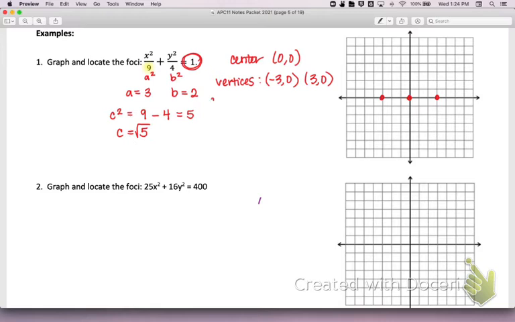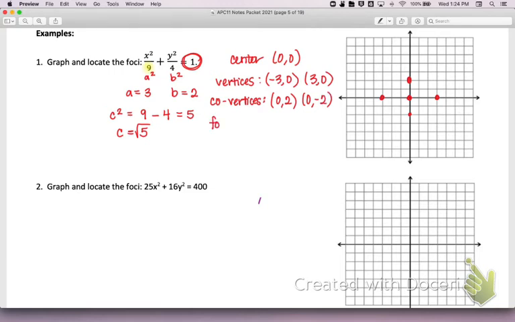Those are our vertices. The co-vertices are what come from the minor axis. So that's the B value, which is along the y direction. So we go up 2 and down 2. It's just like a circle, except it's not the same distance always everywhere. So that is going to be the points 0, 2 and 0, negative 2.